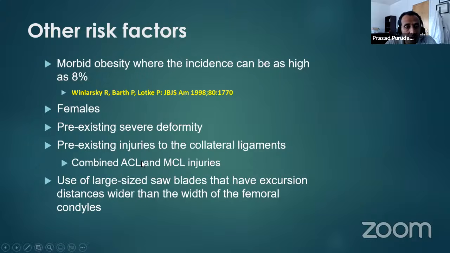When we're doing the total knee arthroplasty for these patients, they have a higher risk of injury to the MCL. Use of large size saw blades that have excursion distances wider than the width of the femur condyles, we talked about this before, can also obviously increase the risk, particularly when we're doing the posterior femur condyle cuts.